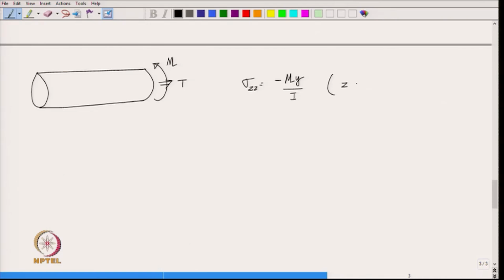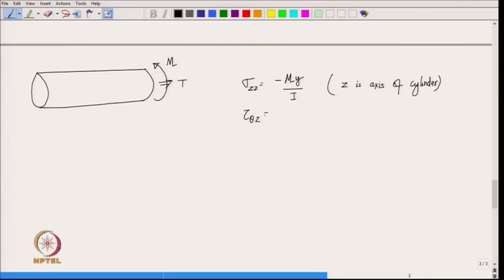And z is actually the axis of cylinder. So, when we have pure bending, we only have sigma z z, and when we have only torque, we just have tau theta z, and we just found out this is equal to torque T into small r by J, correct.